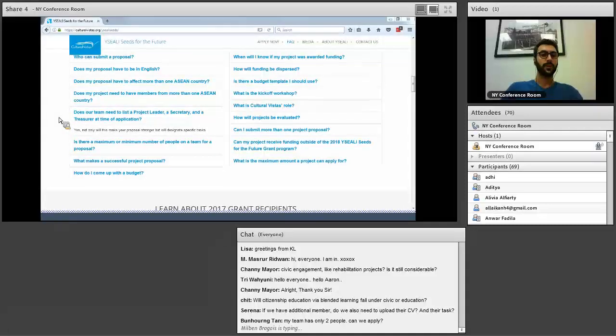So, the reason we ask for a project leader, a secretary, and a treasurer is because these are very different tasks. Certain people are better with money and handling money and making sure receipts are kept. That person should probably be the treasurer. Certain people are very good at documenting and telling stories, sharing the information about your project. That person would likely be a good secretary.